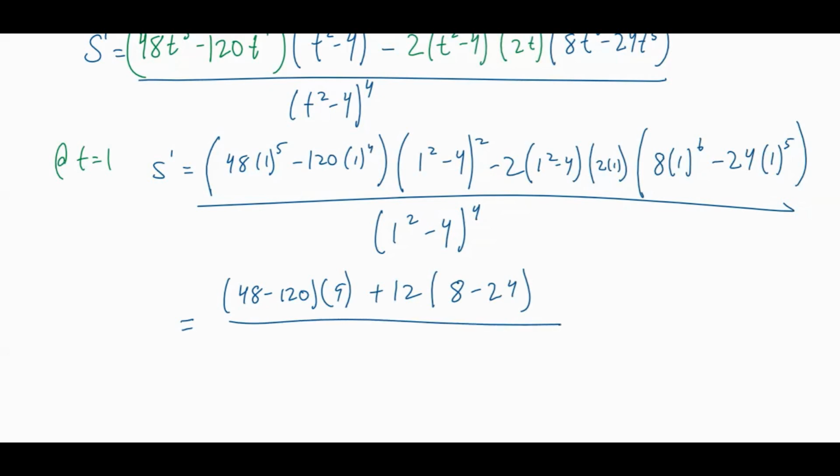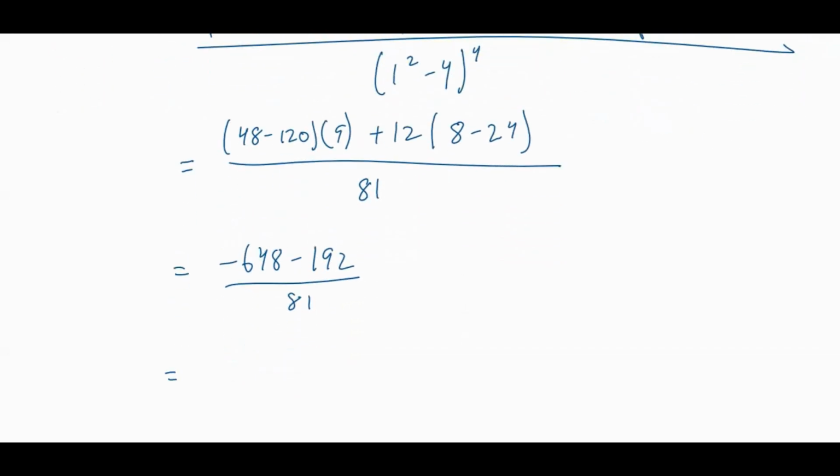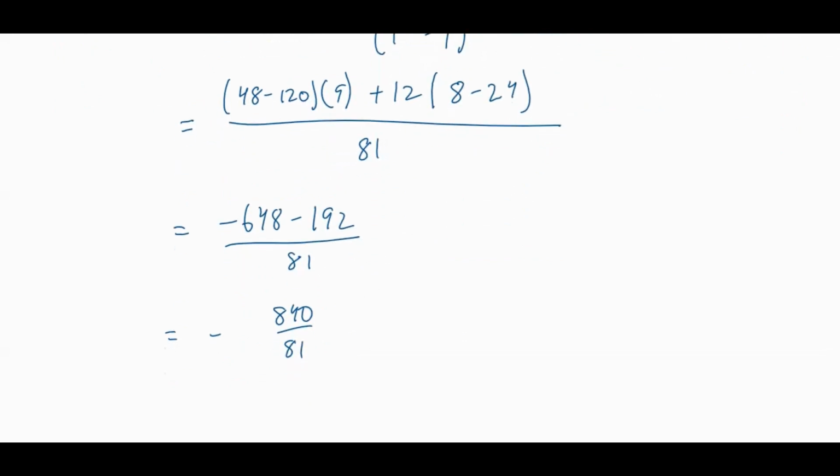And then this is negative 3 to the 4th, so that is positive 81. I think that works out like that. Any questions?